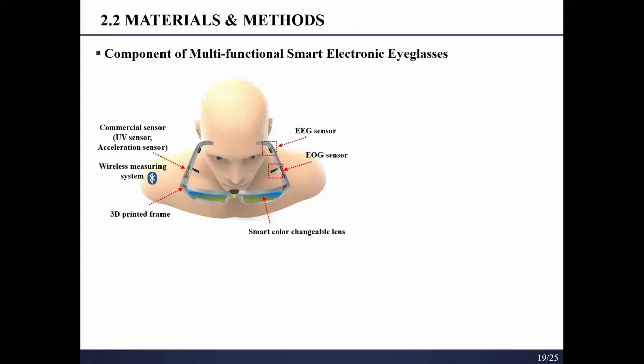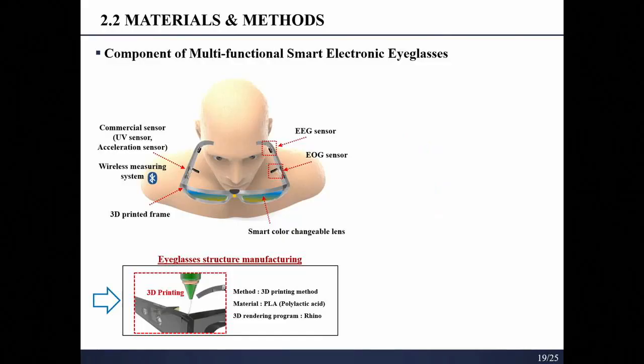This figure shows the appearance and the components of multifunctional smart electronic eyeglasses. As you can see here, some sensors and systems are embedded in the eyeglasses. The frame of the eyeglasses is customizable for users and made using 3D printing technologies.